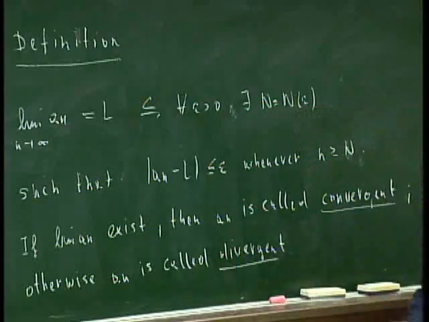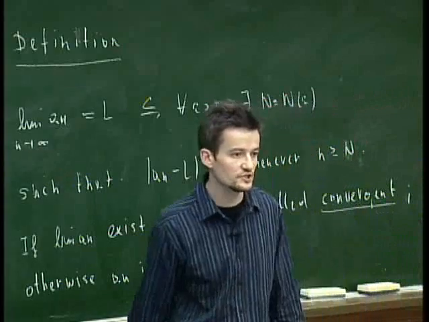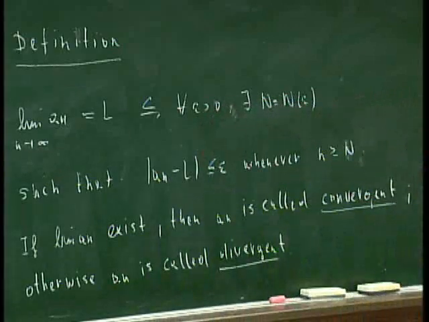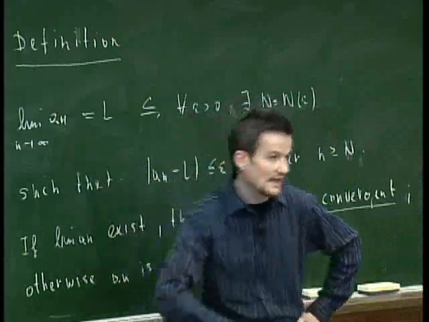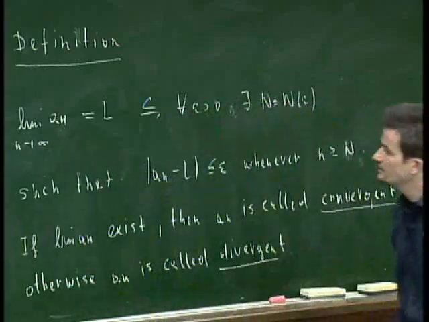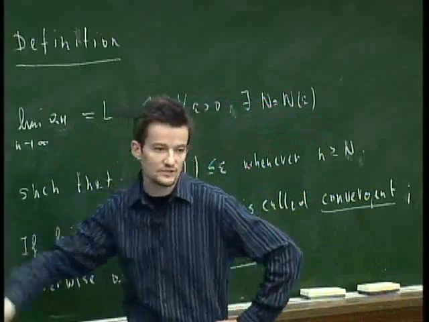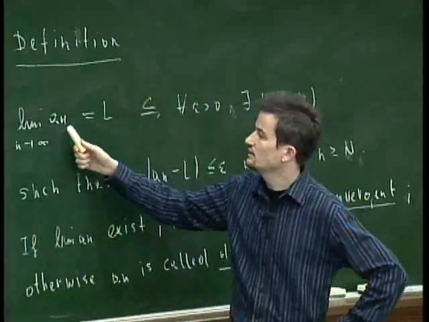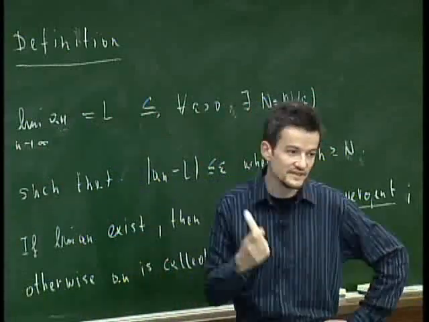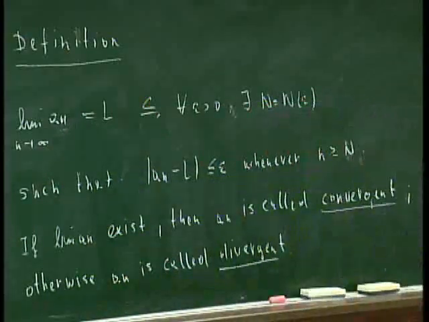Now, for divergent sequences, we have a special definition, as we had in the case of functions where the limit does not exist, namely the special situation where a_n is getting larger and larger. If a_n is getting larger and larger as n is getting larger and larger, then we will say that the limit of a_n as n tends to infinity is equal to infinity. So it's a divergent sequence.